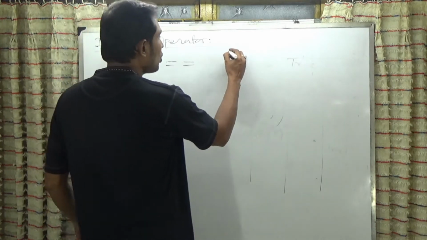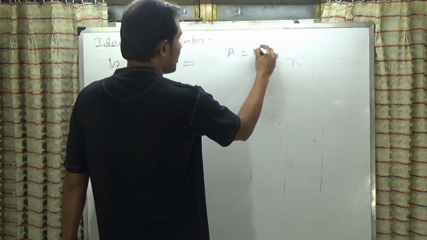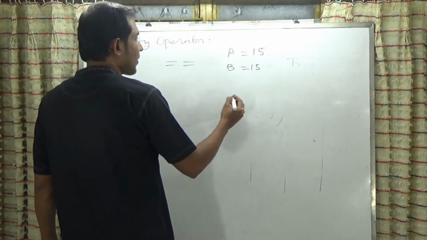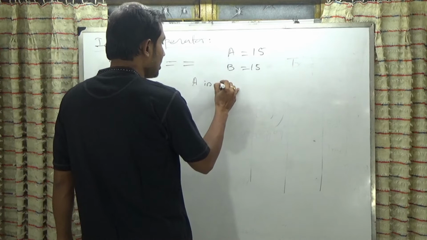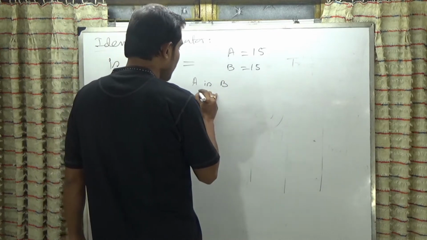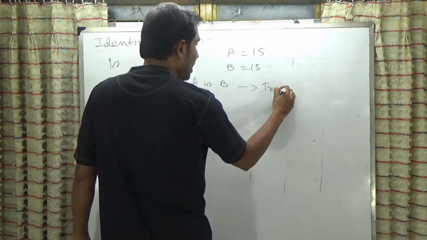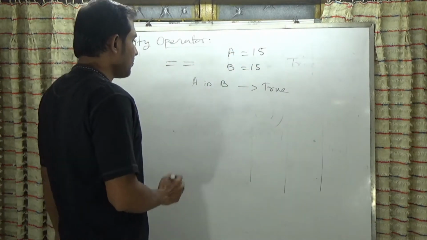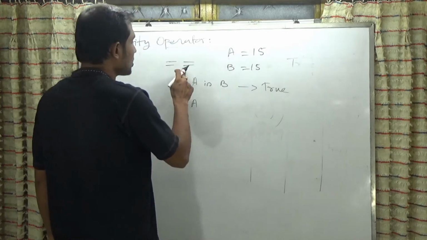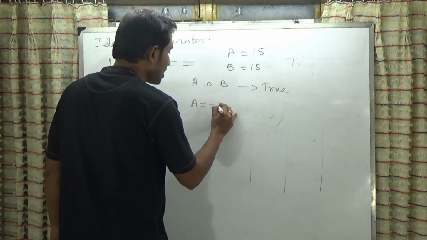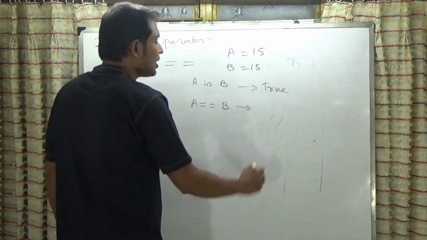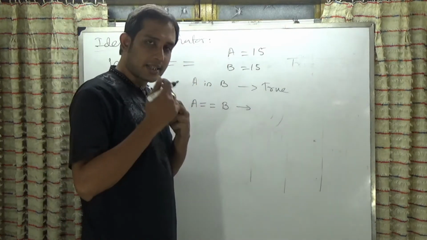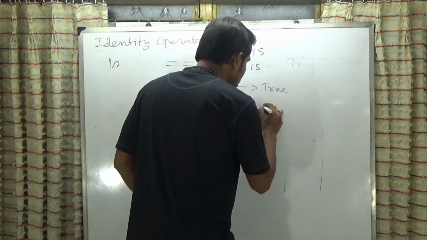Suppose the value of a is 15 and the value of b is 15. If I write a is b, it returns true as the memory address of both operands is the same, and if I check using the relational operator, a equals b, then as the values of a and b are both 15, it also returns true.